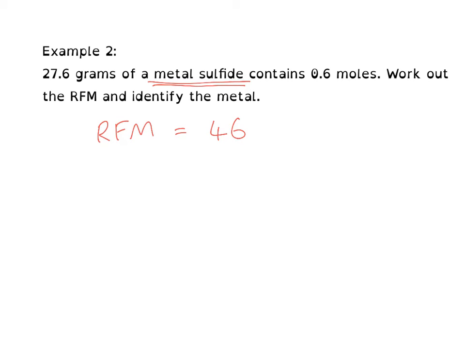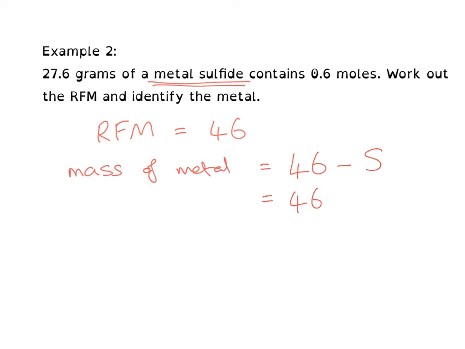So what I'm going to do is find the mass of the metal that's in the compound. Now I know that the whole thing weighs 46, and I know that it also contains sulfur, so basically the mass of the metal must equal the whole thing, 46, take away the mass of sulfur.